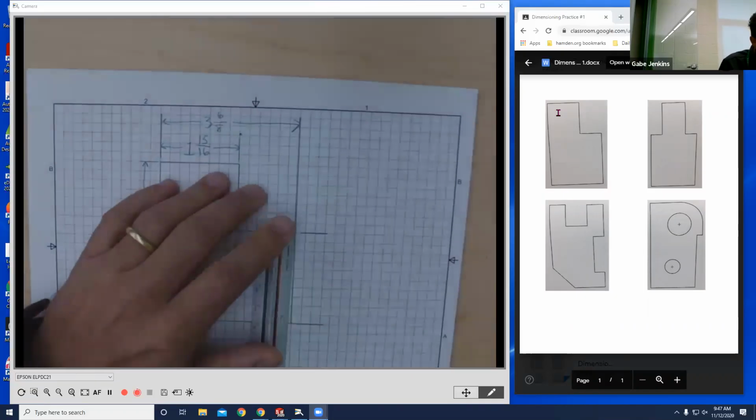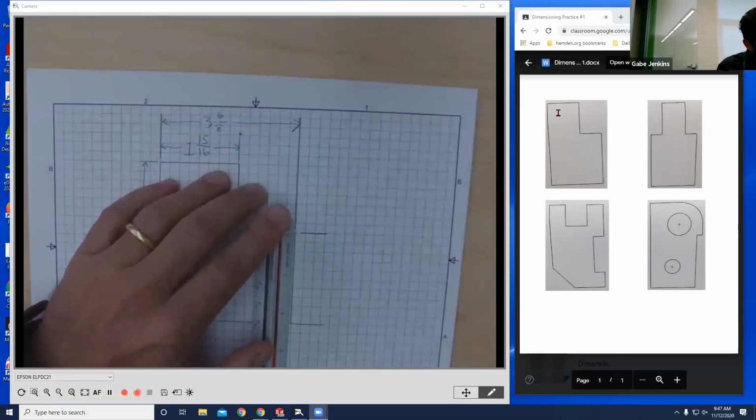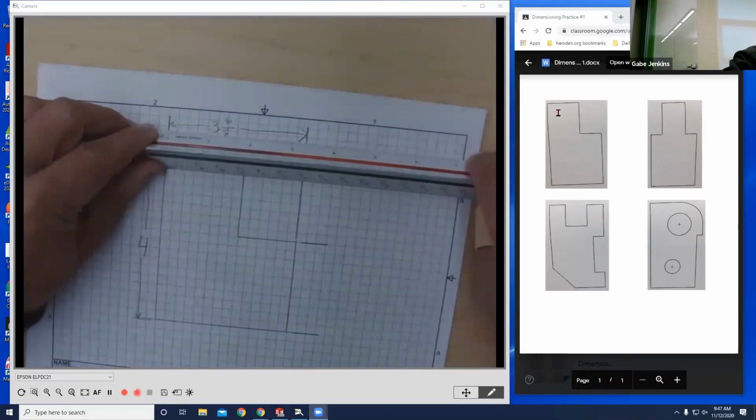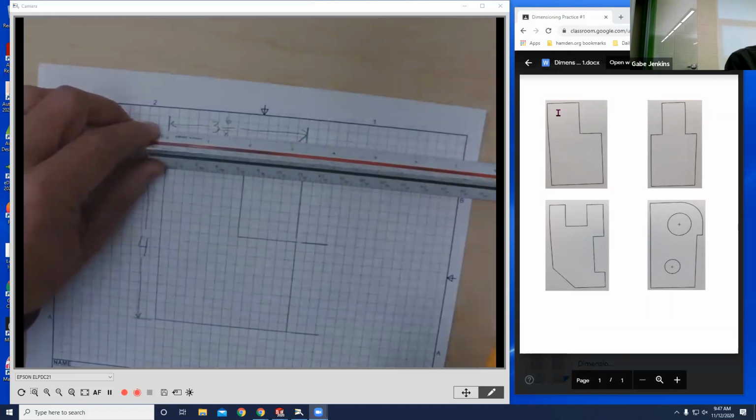Measure it. From 0 to there is 2 6/8. No. Did I do this wrong? I did. I messed that up.